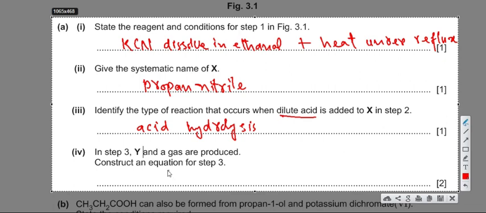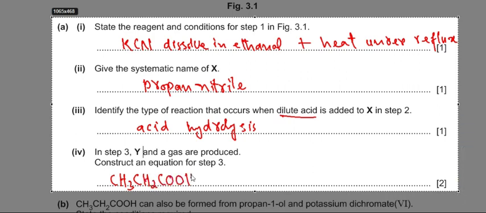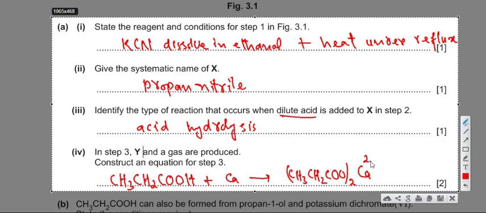Finally, we have to construct the equation for the reaction in step 3, for the formation of Y and a gas. We know it was propanoic acid, CH3CH2COOH, reacting with calcium, giving us (CH3CH2COO)2Ca, with COO twice, because the calcium has a charge of 2 plus, whereas the propanoate ion has a 1 negative charge, giving us the formula like this.